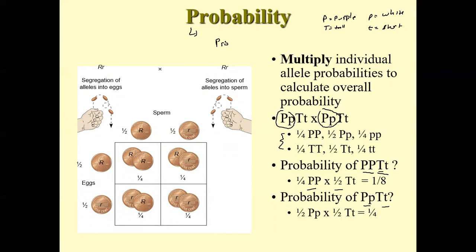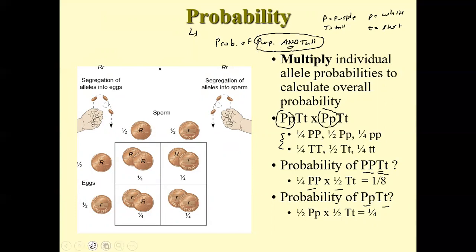Now, if I change this up and said, what is the probability of purple and tall? Well, it's not asking for a specific genotype. It's looking at a phenotype.